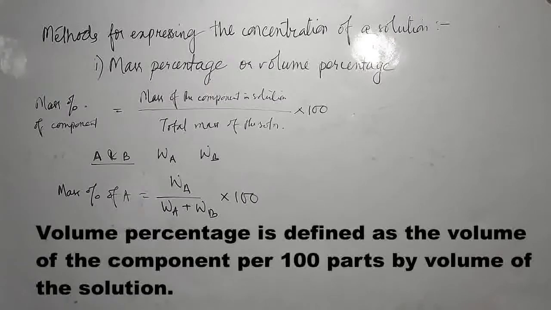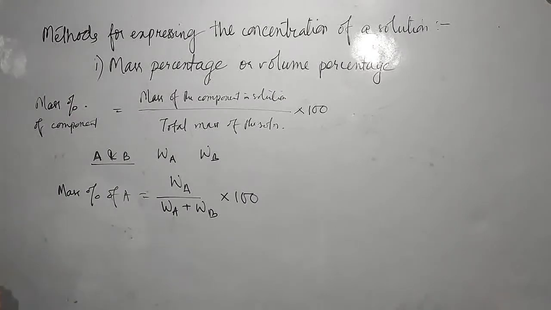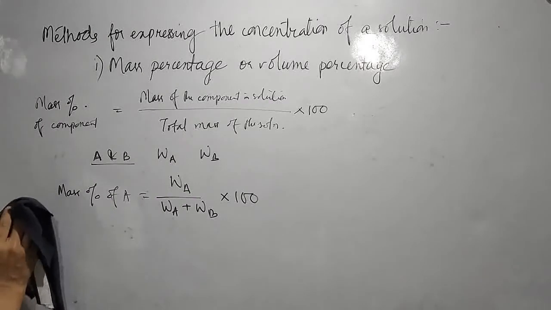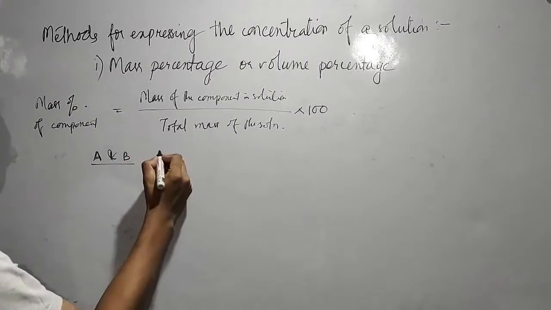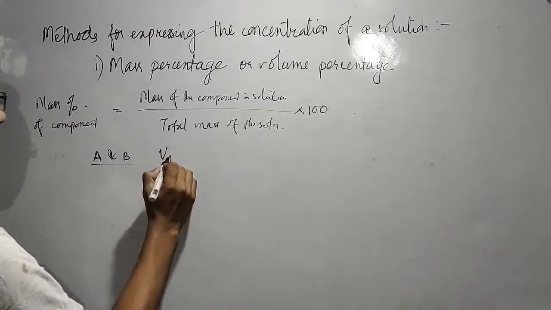Now in the same way, the volume percentage will be similar. Volume percentage is defined as the volume of the component per 100 parts by volume of the solution. Suppose two components A and B have volumes VA and VB.